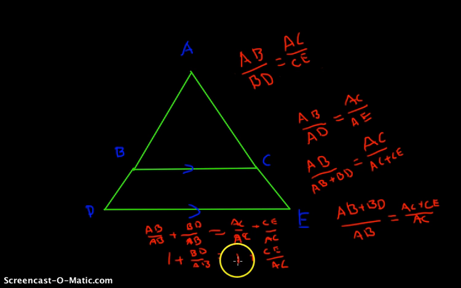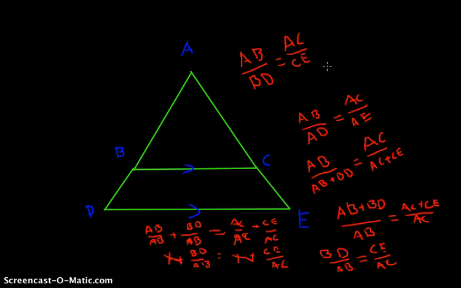So you can just say, oh, I have 1 and 1 on both sides, so just take that out. And so what you can say is BD over AB is equal to CE over AC. Now, that's the same thing as this, it's just flipped.